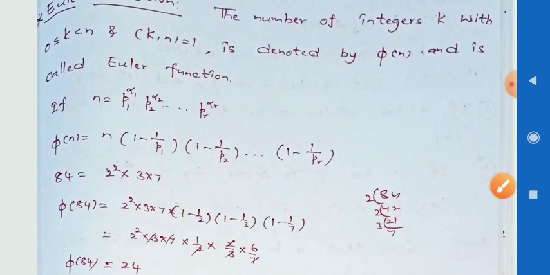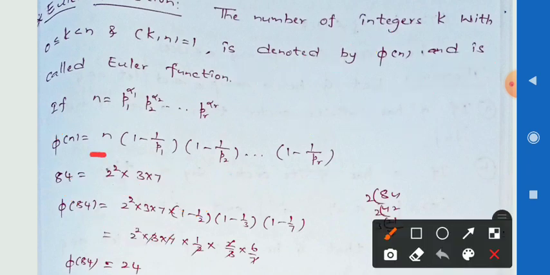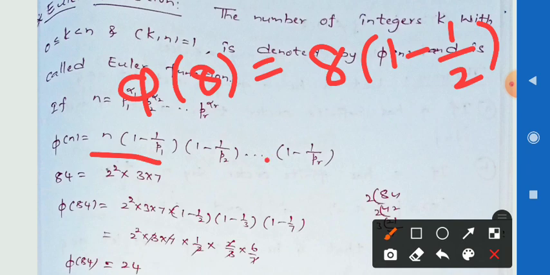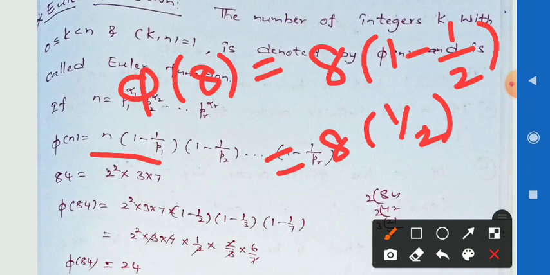By taking this formula we can say that phi of 8 is equal to 8 into 1 minus 1 by p1, and p1 means 2. That is equal to 8 into 1 minus 1 by 2. 1 minus 1 by 2 value is 1 by 2. 2 fours are 8, cancelled, means phi of 8 is equal to 4.